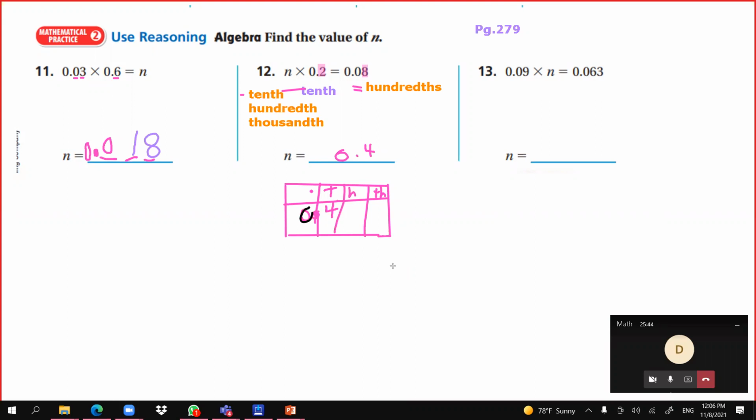Did you understand it now? That was so easy. So first of all, ask yourself, what is the number that you multiply by 2 to get 8? It's 4. Then ask yourself, what is the place digit when you multiply it by tenths, you get hundredths? You said it's tenths. So that means 4 will be on the tenths digit.